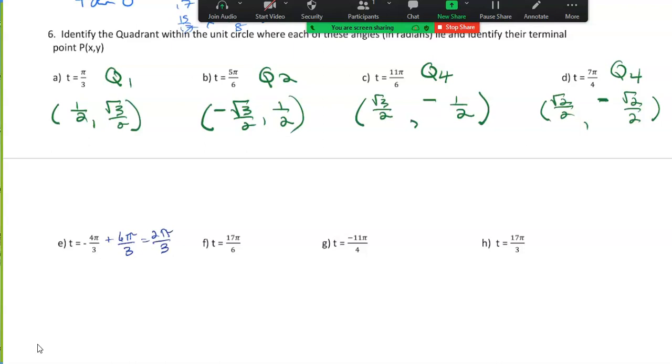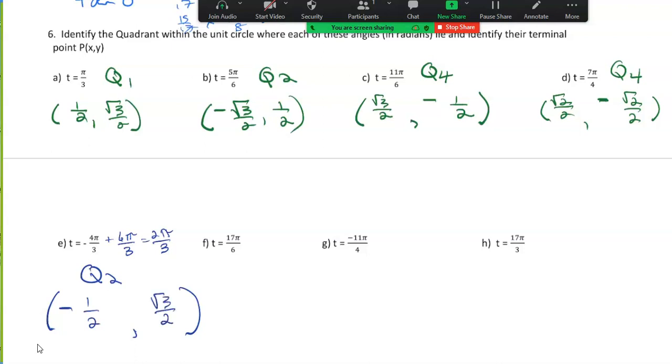Okay, so what quadrant is that in? The coterminal angle is 2 pi over 3. That's quadrant 2. And in quadrant 2, I know my x is negative. See what I'm doing? Then go to quadrant 1 and use the coordinate pairs from pi over 3.